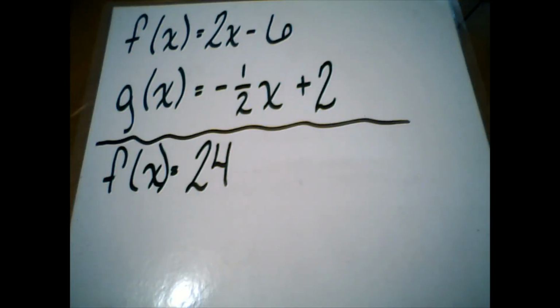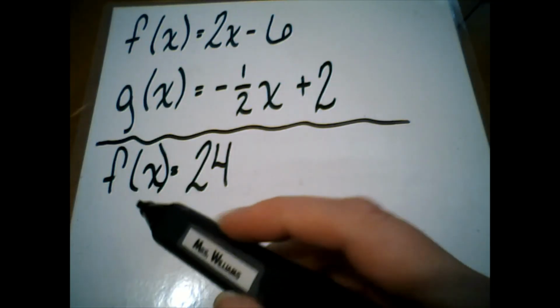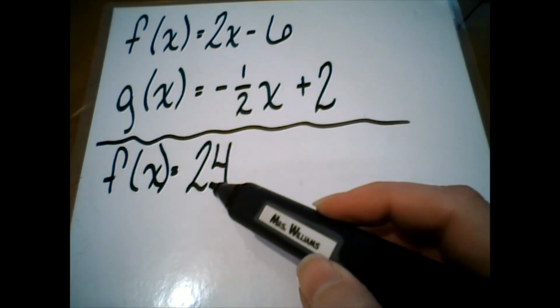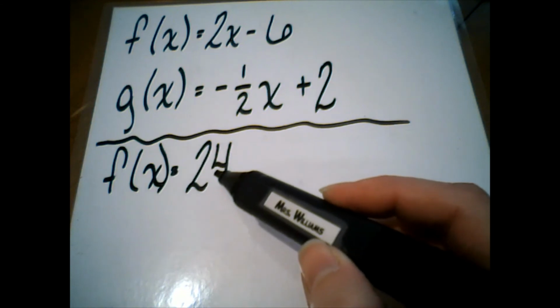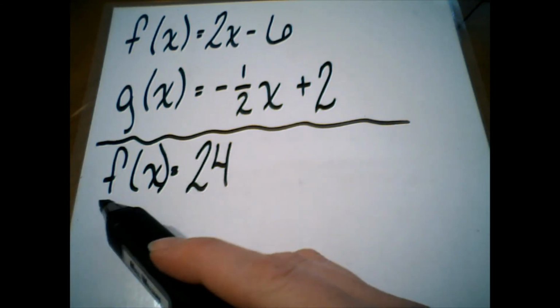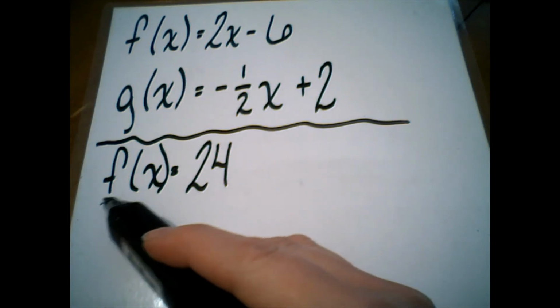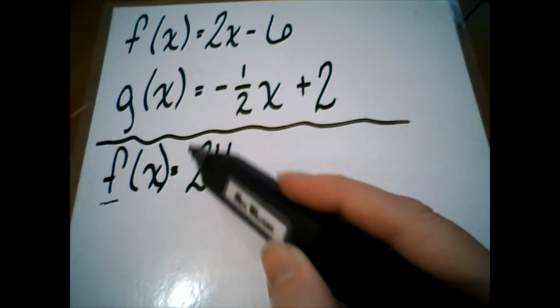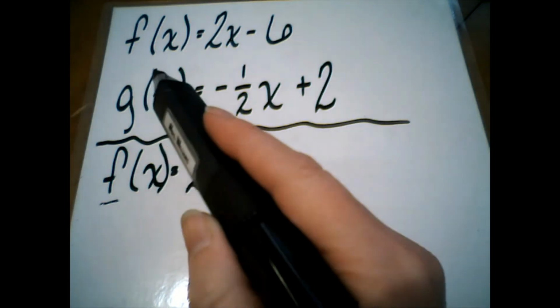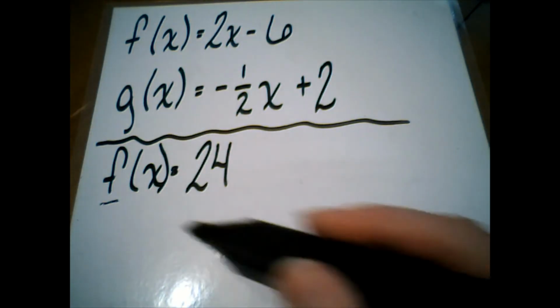Another way you might see a problem in function notation is instead of giving you the input, they've already given you the output. So this time, instead of knowing x, you know y. But the process will still be the same. We'll still use the function that they indicate, so in this case, the f function, but we'll plug this in instead of for x, because it's not the value of x, we'll plug it in for f of x, because they told us that's what f of x is.